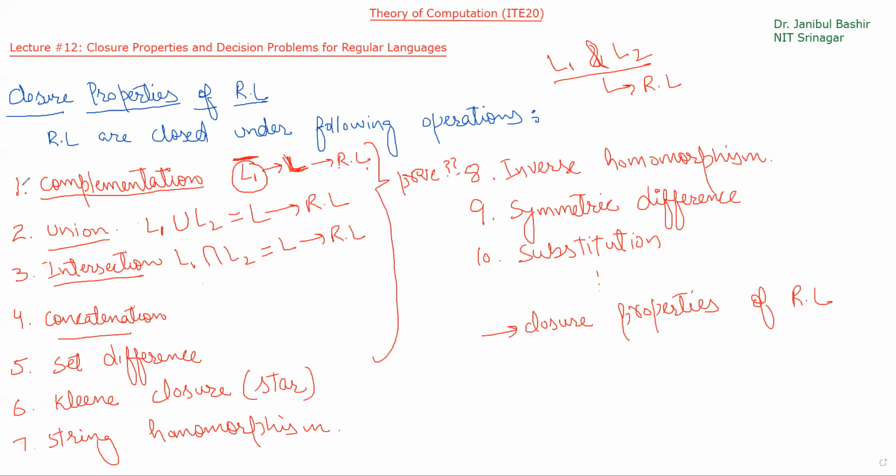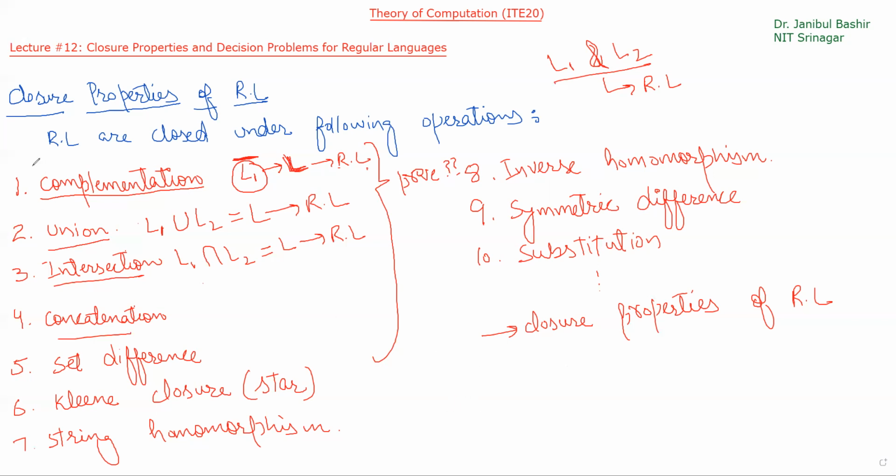Okay, but here I will only prove some of these operations as closure properties. Others will be your homework, or we can say it will be an assignment to you, and you have to prove for the others as well. I will be proving for some of these here. Let's take the first six. I will prove for the first six. For the other ones, 7, 8, 9, 10, you have to do on your own.